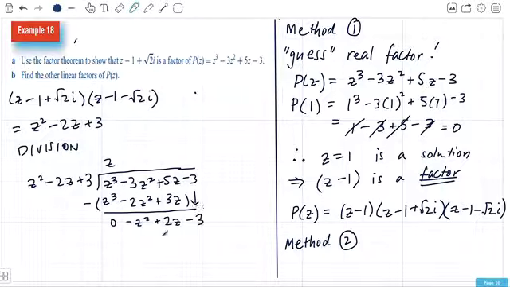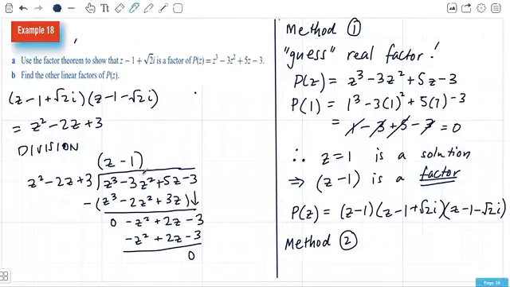Now you've got negative z squared underneath. To get z squared to negative z squared, you'd need a negative 1. So negative 1 will give you all of these with opposite signs, which is what you want. That should be 2z. Okay, cool. And then you can see that you've got 0 remainder.